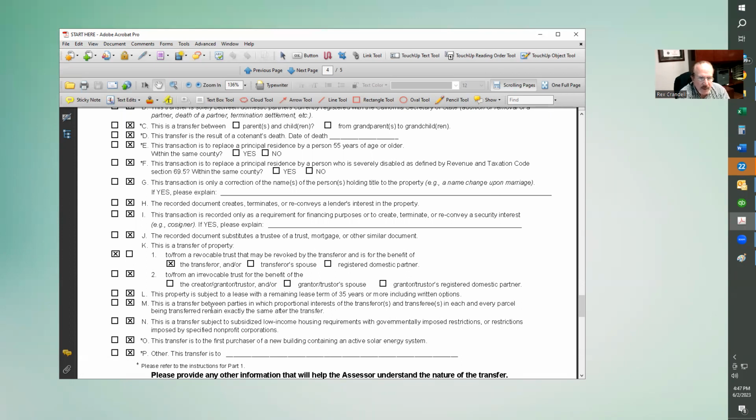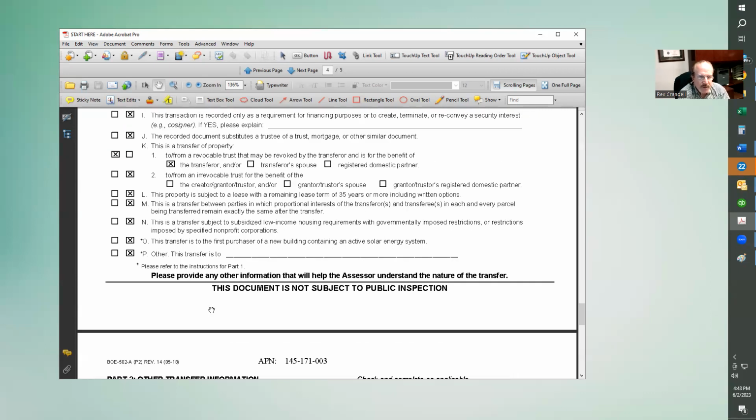So you have to look at the circumstances. Frequently, proportional interest stays the same. If there are 3 people who own it and then you deed it to 2 people, then they're going to reassess a small percentage because the ownership interest changed.